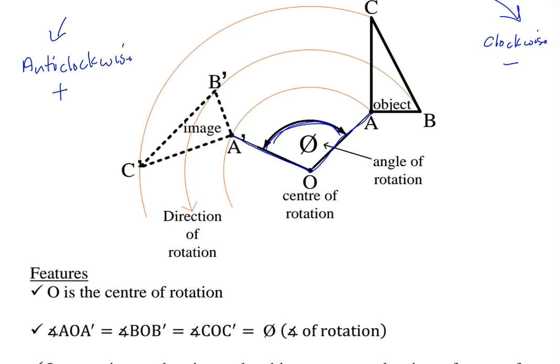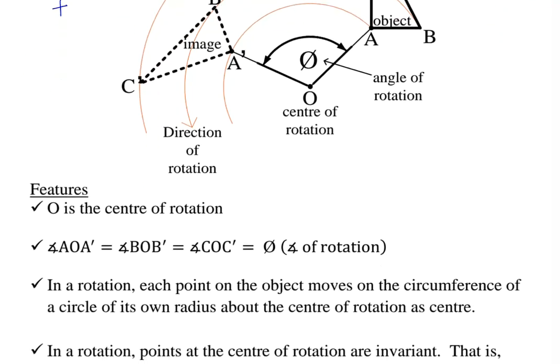But that is the same as angle BOB prime, so it's the same as this angle here. So angle AOA prime is the same as angle BOB prime, is the same as angle COC prime, and that is equal to the angle of rotation. So AOA prime or BOB prime or COC prime is the angle of rotation.